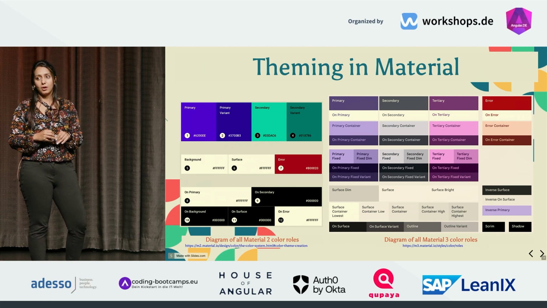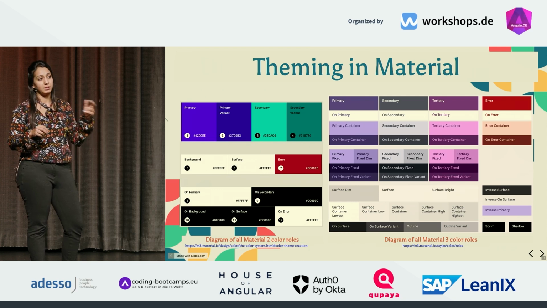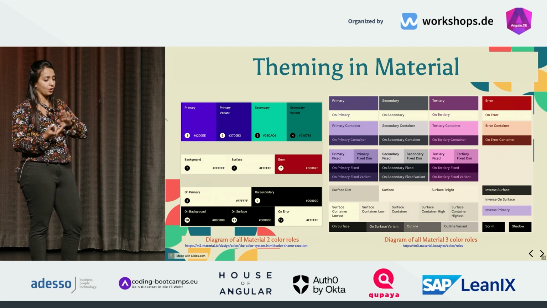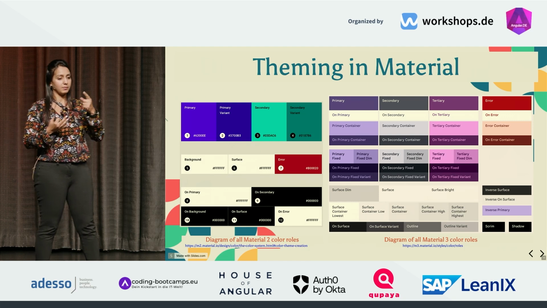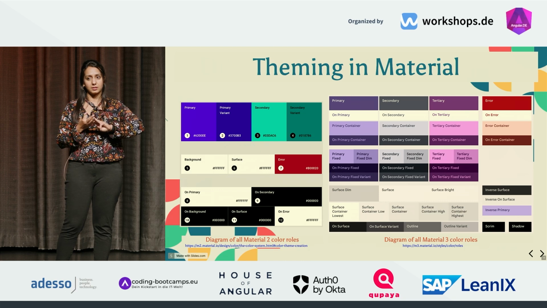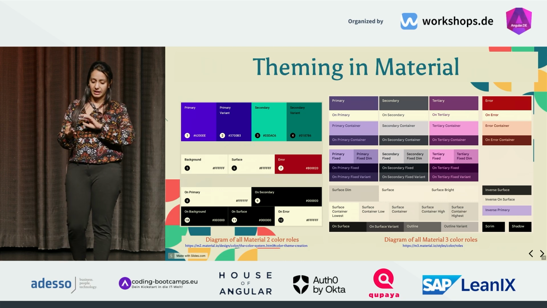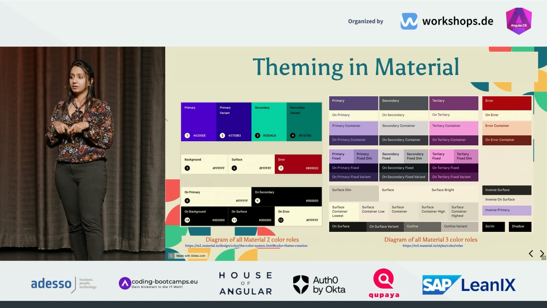And now they have a lot more design token-based focus on theming with Material 3. So they have primary, secondary, and tertiary colors. And they also have those colors and how they should look on a surface or on an elevated surface or in a container when it's inside a border and stuff like that.